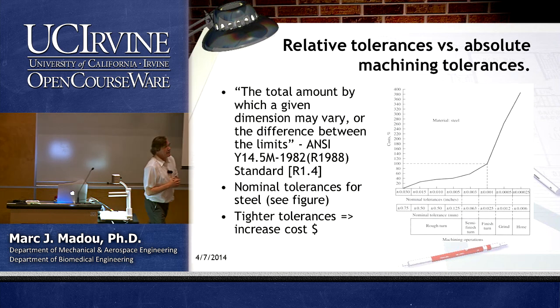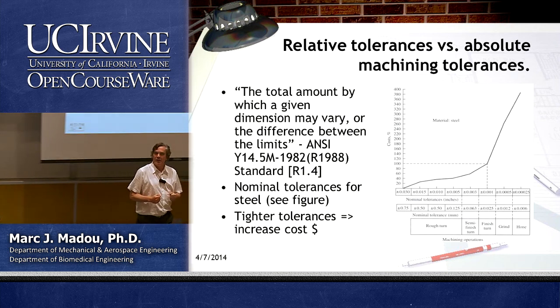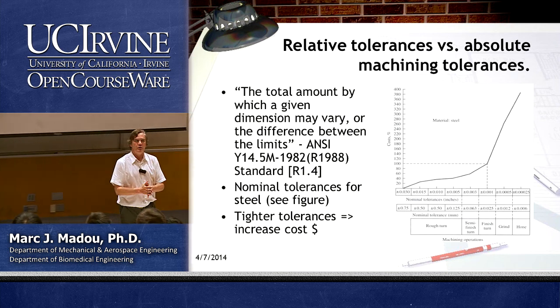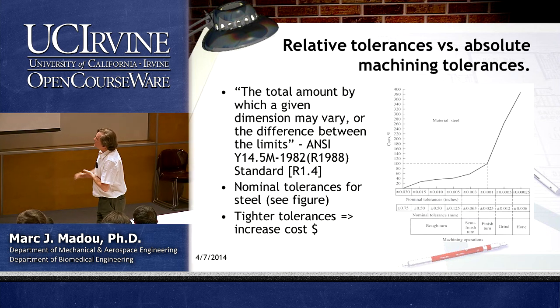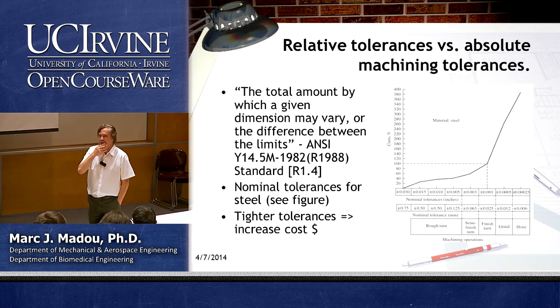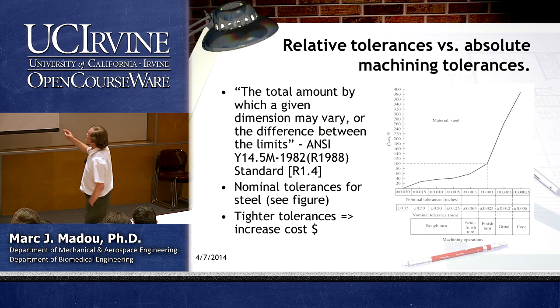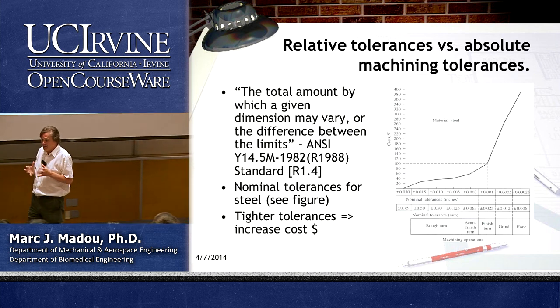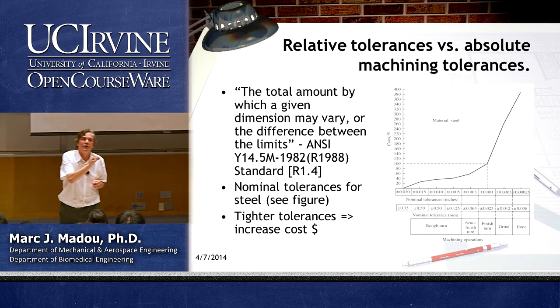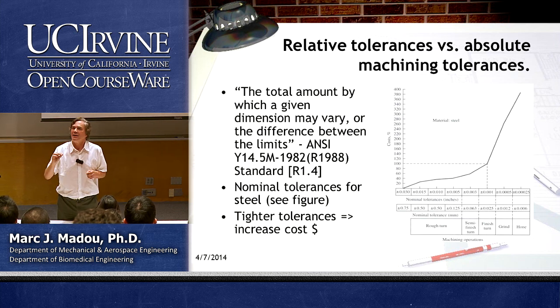This is the last slide from class 1, so we're making good progress. We're going to get into class 2, so we're going to start with some mechanical machining examples. What this shows you, and you probably can expect this, is the cost of a device. In this case, it's stainless steel. You're making something out of stainless steel as a function of the tolerance, the fineness of the shape you're making in that stainless steel.